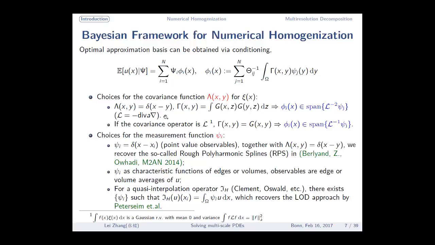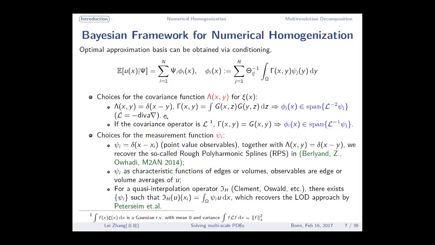From this formula, because gamma is the fundamental solution of L squared, this phi_i belongs to the span of these functions. You put your measurement function on the right-hand side and solve L squared u equal to psi_i. So this basis belongs to this span.